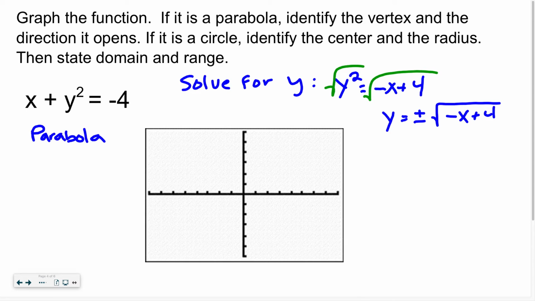But can I put some numbers in, like 0? 0 plus 4 will give me square root of 4, which is 2, so that'll work. So I will have a point at 0, 2. What you want to know here is that will be part of the domain, but there will be a graph over on the left side. There will not be a graph on the right side somewhere. Because it's being reflected in the y, so it's going that way.